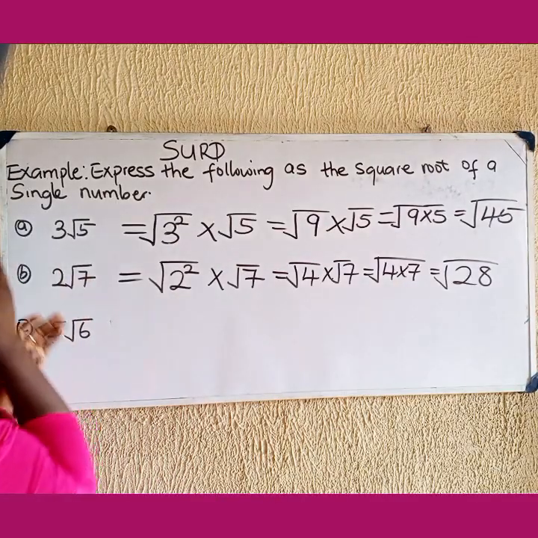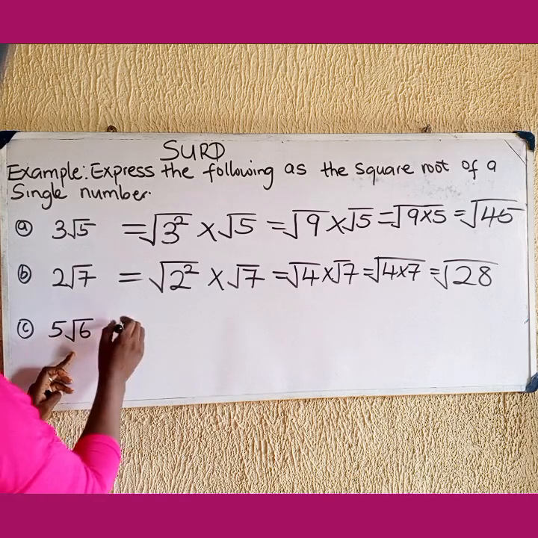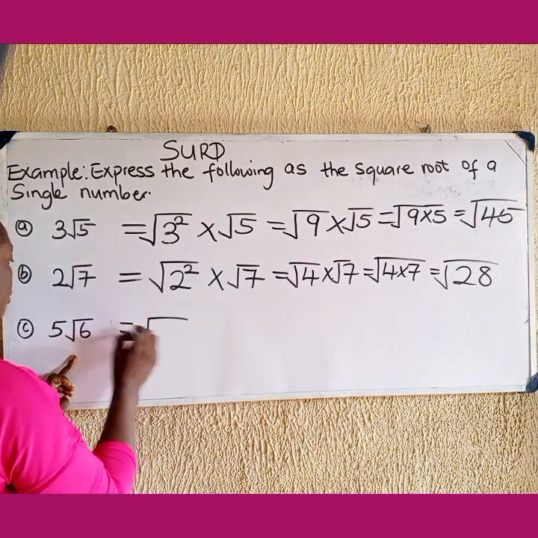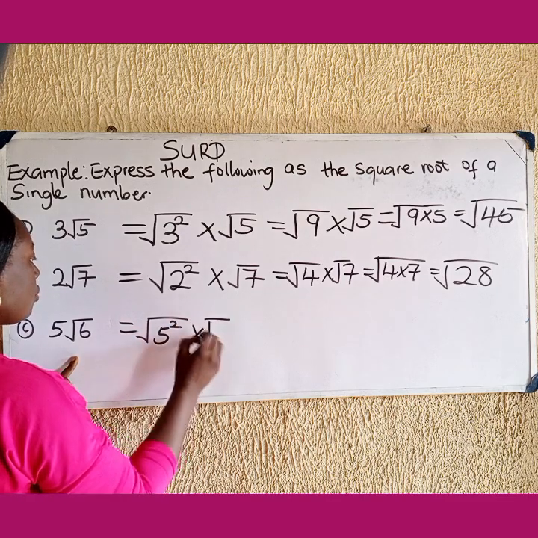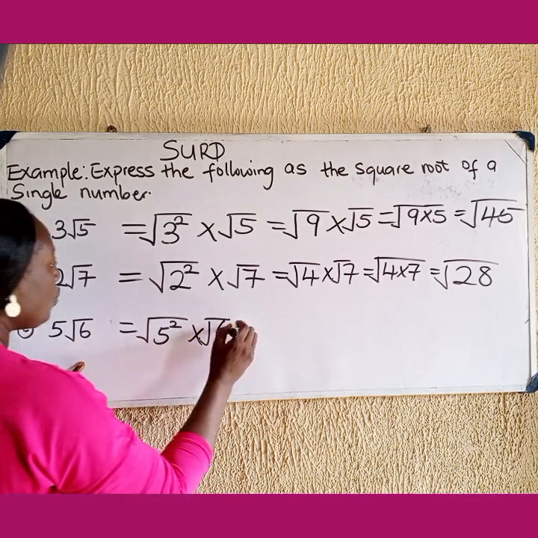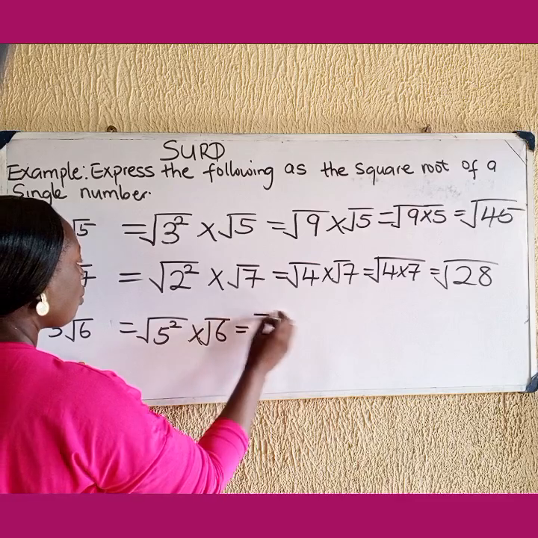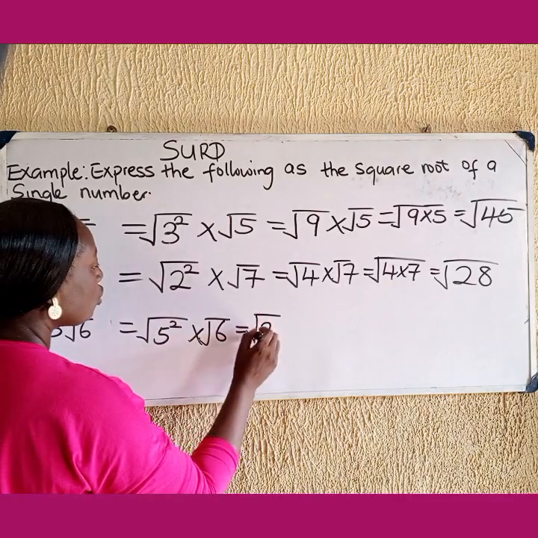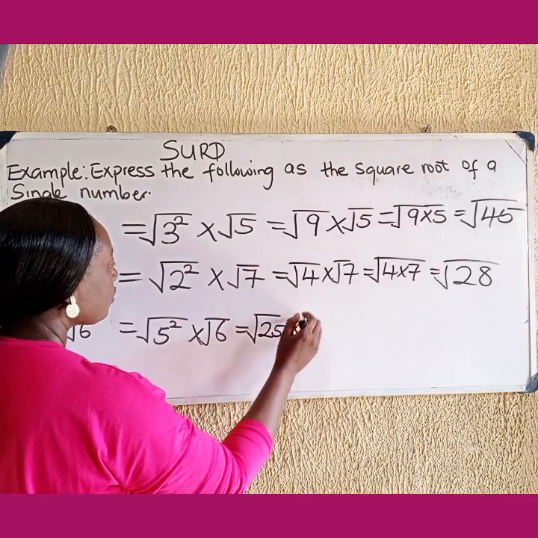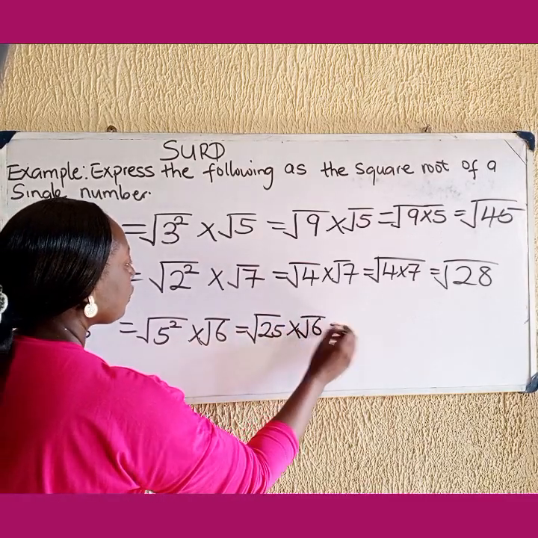2 root 7. Now this, I have root 5 squared times root 6, which is equal to root 5 squared means 5 times 5, which is what? 25, times root 6.